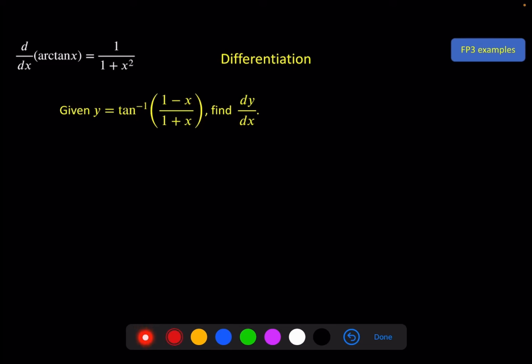So I'll start off in red. So we've got 1 over 1 plus x squared, where x is the thing inside the arctan, times by the derivative of the thing inside.